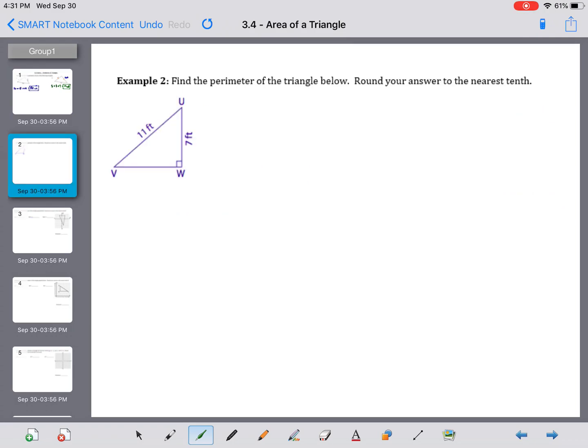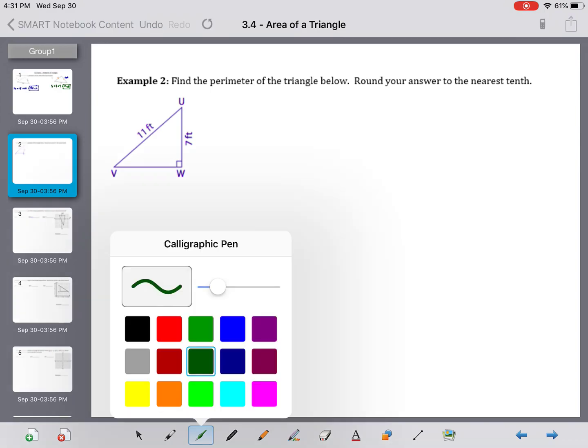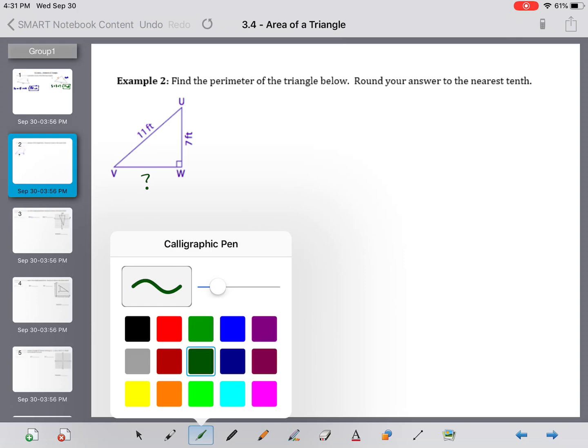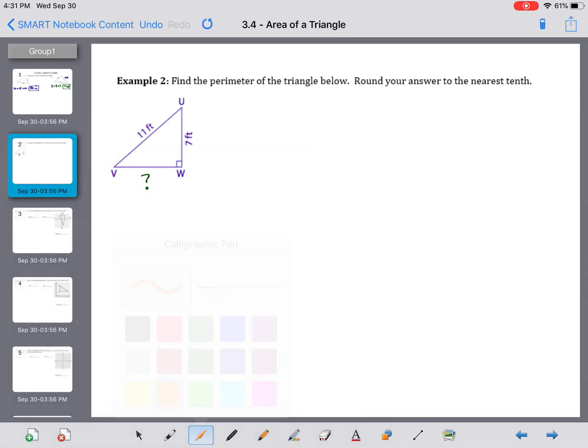If we take a look at example 2, we want to find the perimeter of this triangle, and we're going to round our answer to the nearest tenth if necessary. Again, we are missing one of the sides, and nothing indicates that this is isosceles, so we need to find another way. I notice this is a right triangle, and at the beginning of this unit we did the Pythagorean theorem: a squared plus b squared equals c squared.